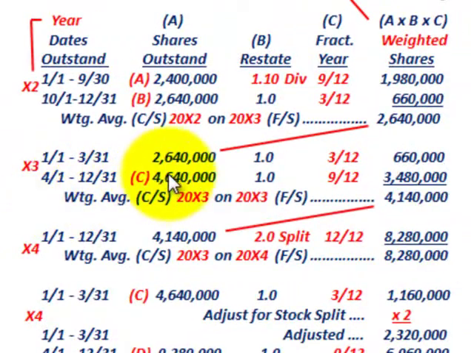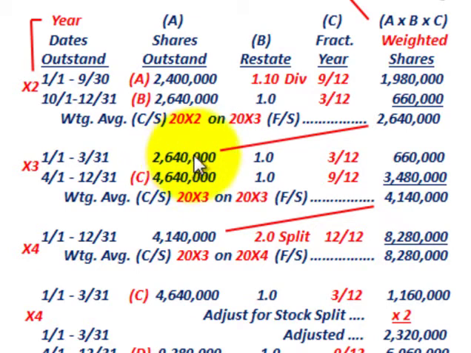So we're back to calculating our equivalent shares again. After the stock issue, we have 4,640,000, and that's for that 9-month period, and it really doesn't get restated. When we have these stock issues, we don't have to restate any previous amount. We just brought that in from the previous year, but you can see how it builds on it.